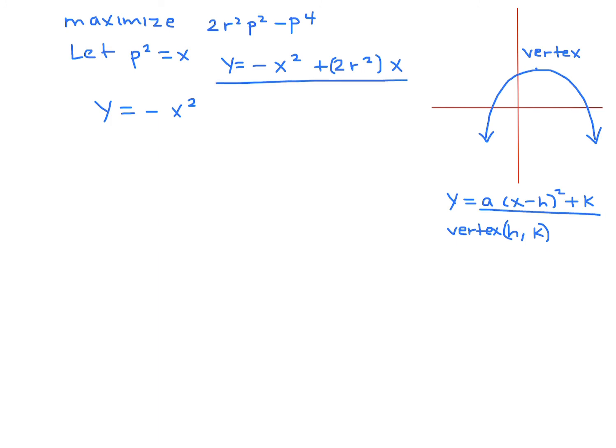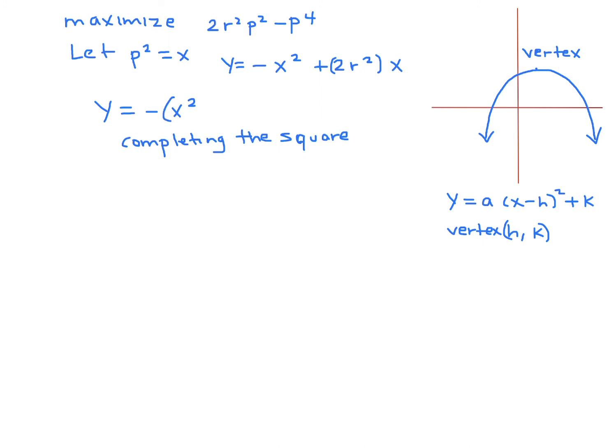So let's try to get this into this format. Okay, well, how do we do that? Well, you do that by completing the square. And I'm sure by this point in high school math, completing the square is something that you've done several times. So let's do that on this guy right here.